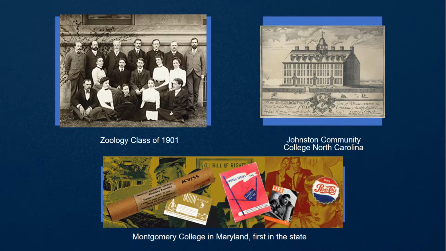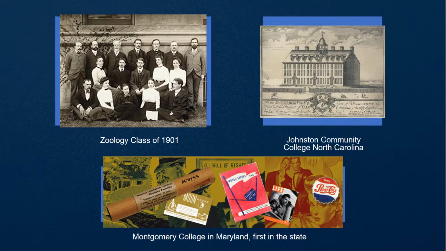The presence of women in higher education, because community colleges were to extend education to other members of the population, and women were rarely represented in higher education in the late 1890s and early 1900s.